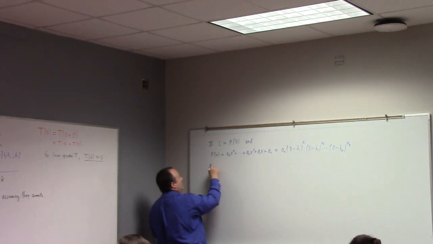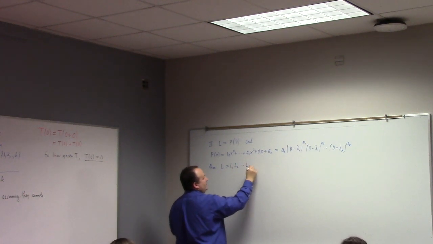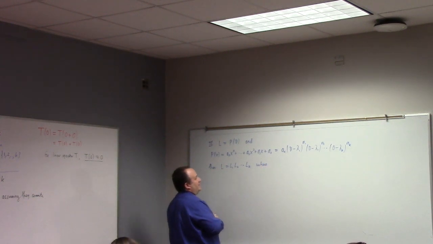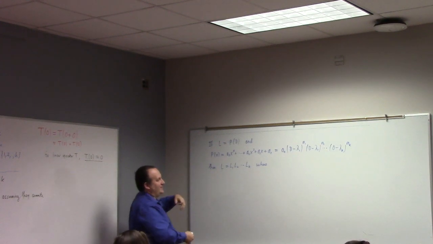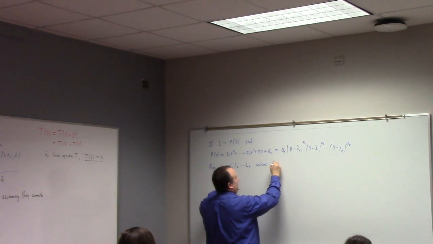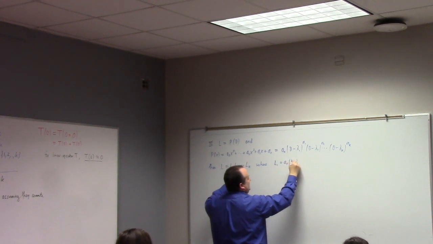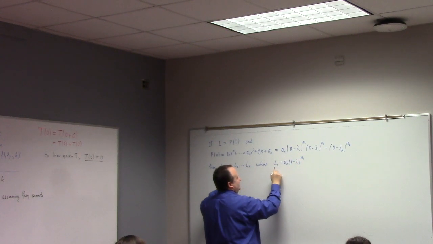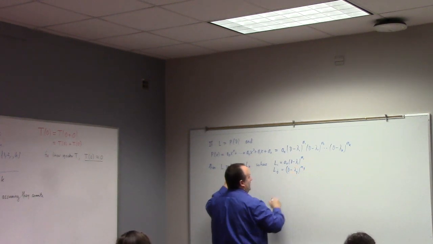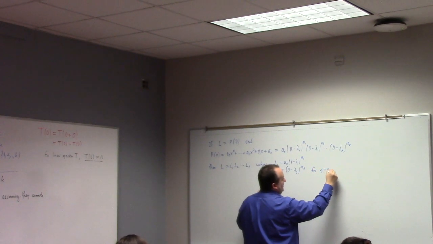Then L is equal to L1, L2, ..., Lk, where, and I guess I should throw in the a_n somewhere in here. This is very distasteful, this a_n. I usually set it equal to 1, but just for the sake of messing up my pattern, L1 is a_n (D minus lambda 1) to the m1, but then past that, L_j is simply (D minus lambda j) to the mj, for j equals 2 all the way out to k.